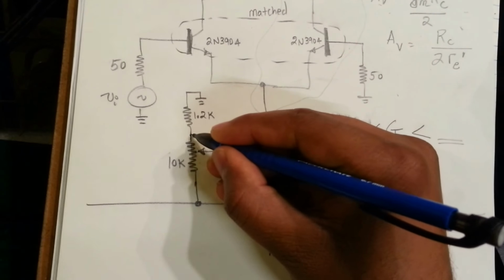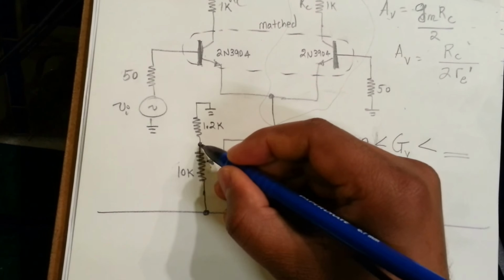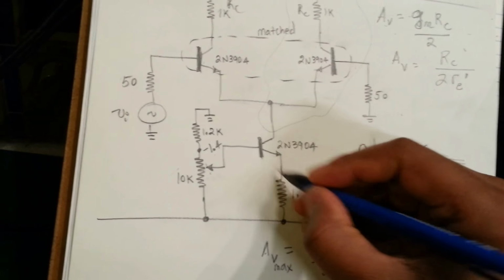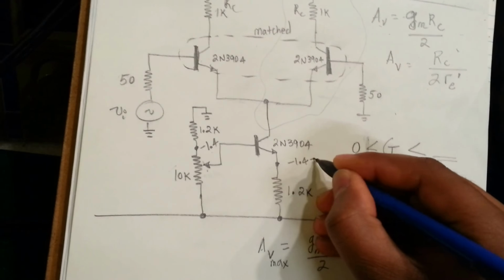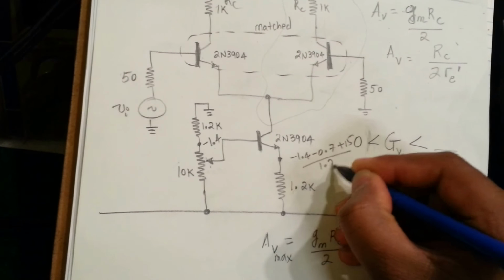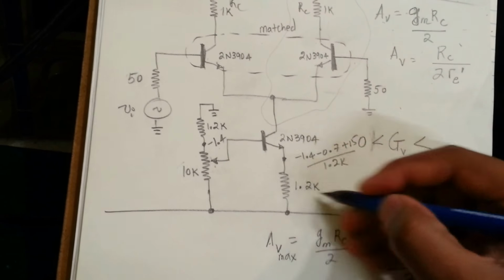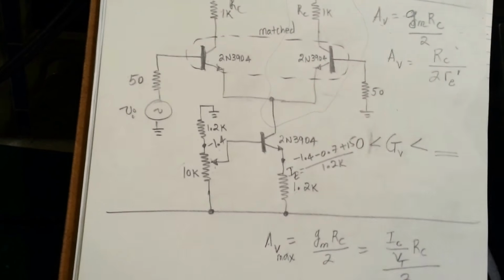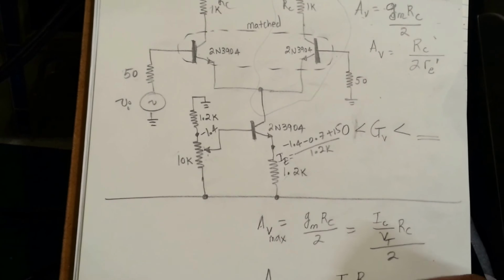So we said that the maximum gain we'll get is when this step is hitting this, and we designed this point to be minus 1.4, right? So if this is minus 1.4, this goes down to minus 1.4 minus 0.7 plus 15 divided by 1.2k, which I have shown you before. We have already designed this current. So this current, which I'll call IE, is basically going to be twice the amount of IC.